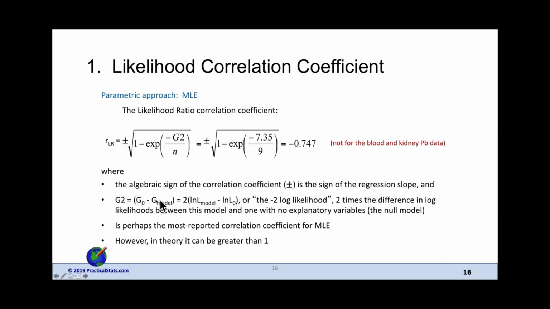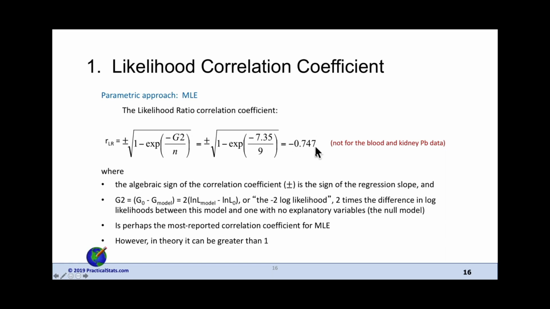And so this difference would be the amount of error that's decreased because that one X is on the horizontal axis. So how well does one X decrease the error in predicting Y? And when you have no slope, that prediction for Y is just the intercept. So that's what this correlation coefficient is.